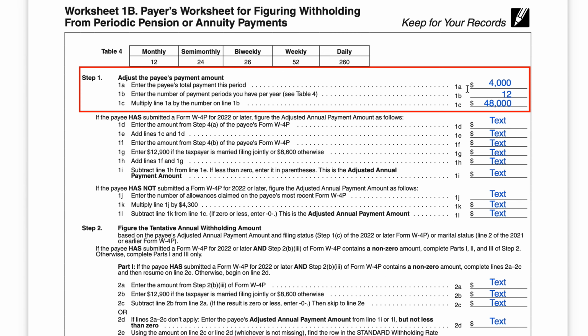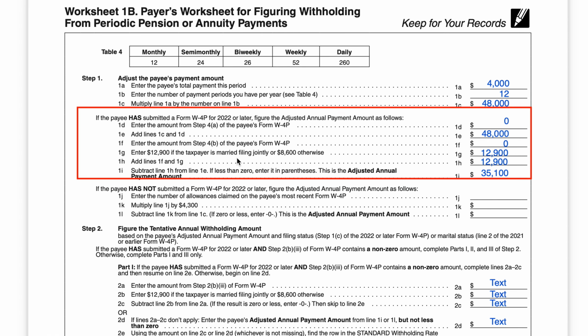This would be kind of a quick fact check for you if you were working backwards. This is how you would be able to determine whether or not this is being done correctly. You can actually do this yourself and then see if the numbers match up. So if there is something peculiar about your payment, you can pull out worksheet 1B and work through this yourself.